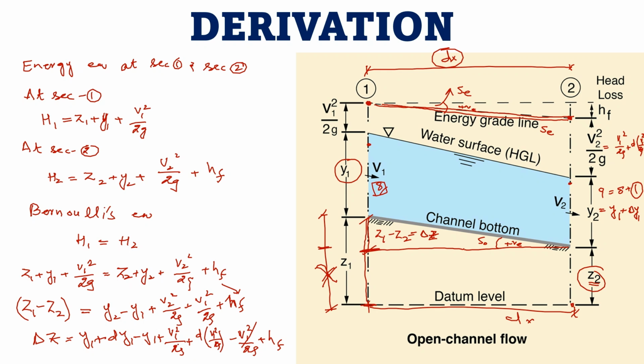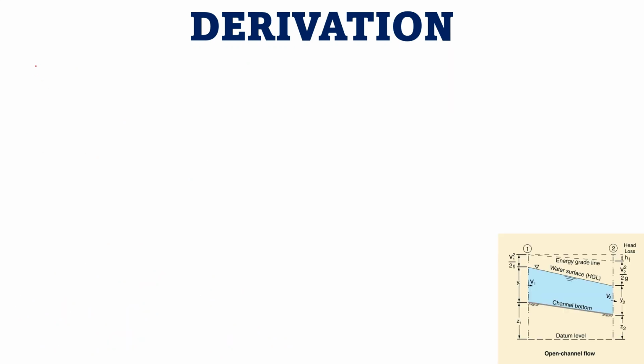The V1 square over 2G terms cancel, and Y1 cancels with Y1, so the remaining equation will be delta Z equal to dY1 plus the differential of V1 square over 2G plus HF.